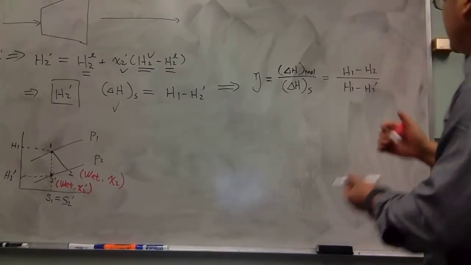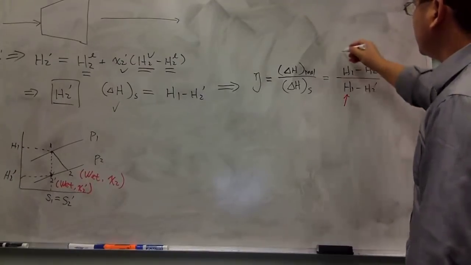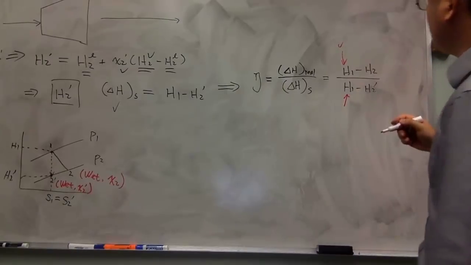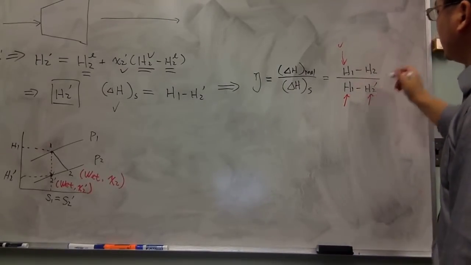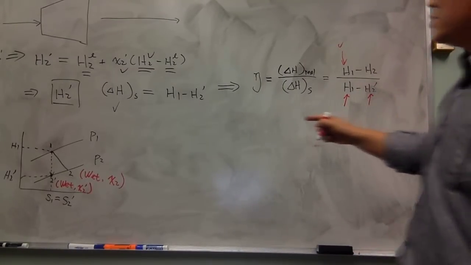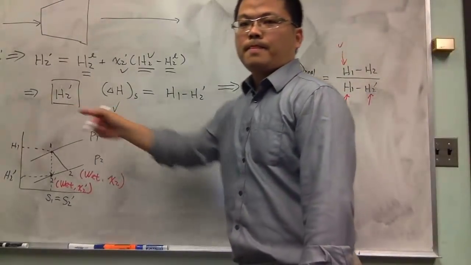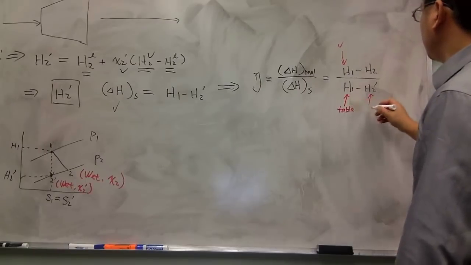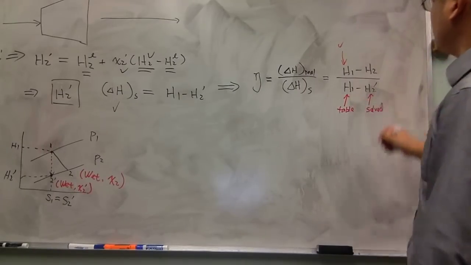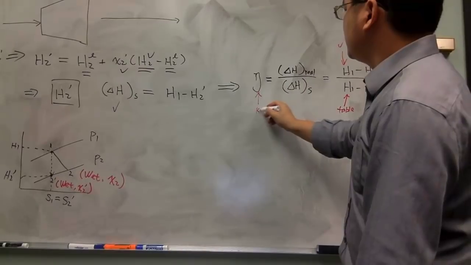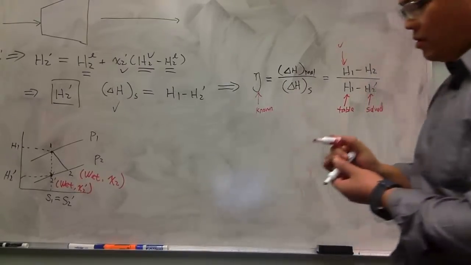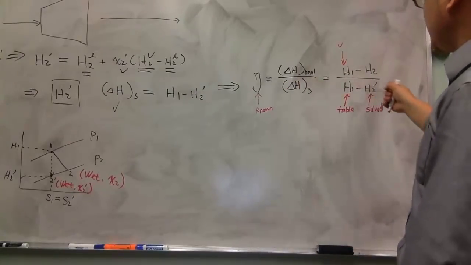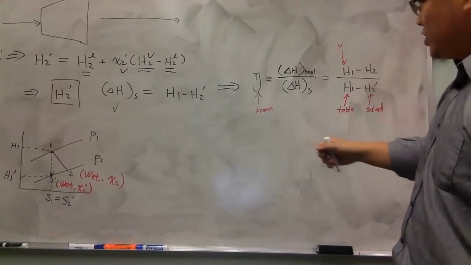So we have this H1 from the steam table, known. H2 prime we just solved over here. This is from the table. This is solved. This is known from the problem statement.